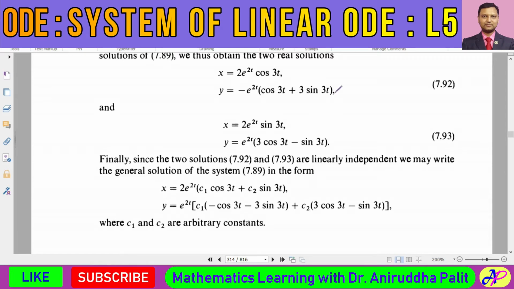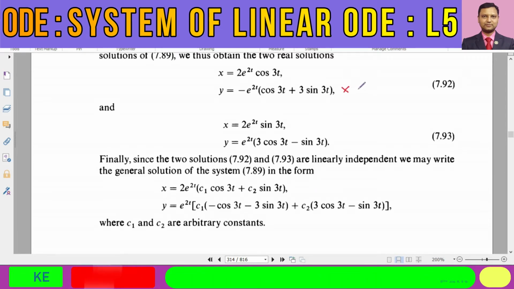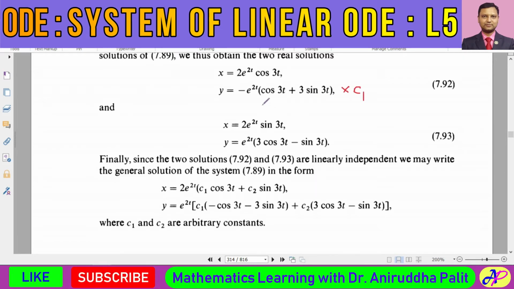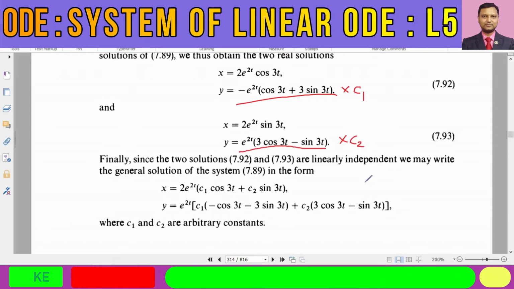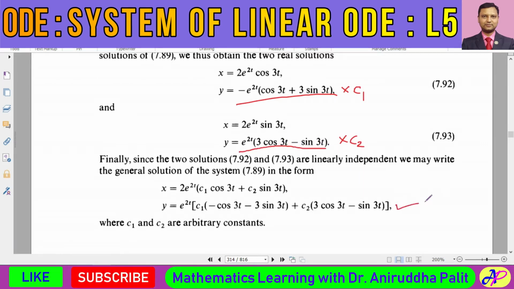Similarly, C1 multiplied by this expression and C2 multiplied by this second expression would give us the general solution of y, where C1 and C2 are two arbitrary constants.